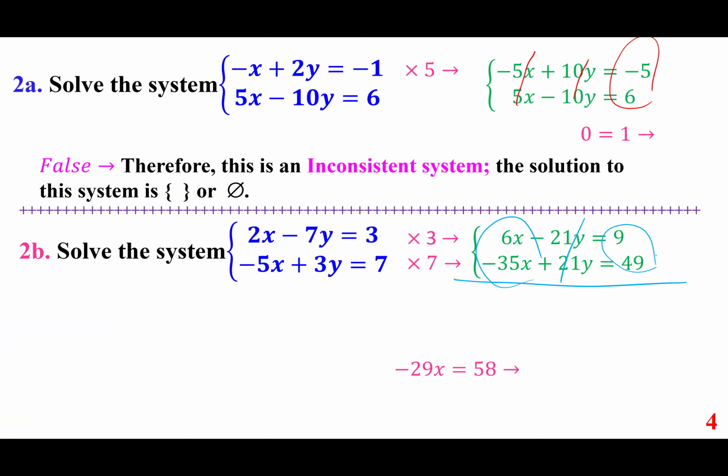These two add up to positive 58. x is negative 2. Now you put that back into one of the original equations. For example, if you go with the first one, 2 times x, that means 2 times minus 2 minus 7y equals 3.